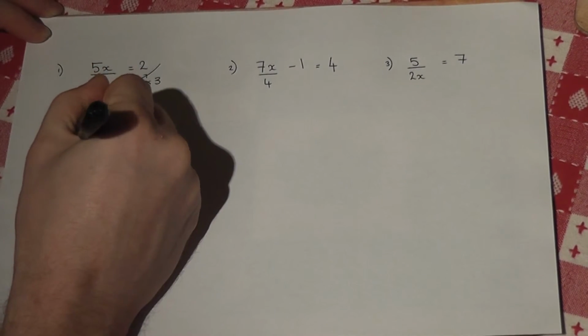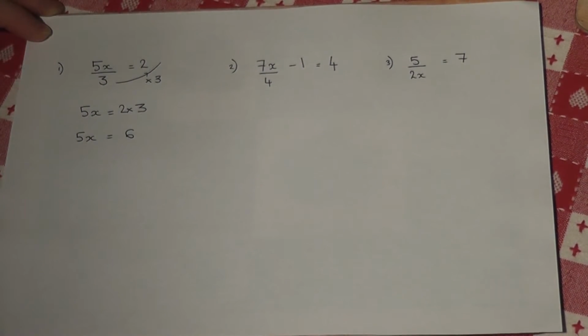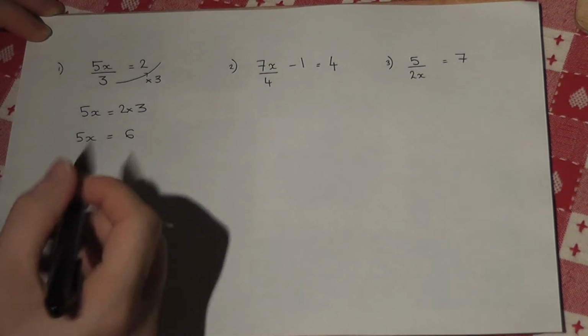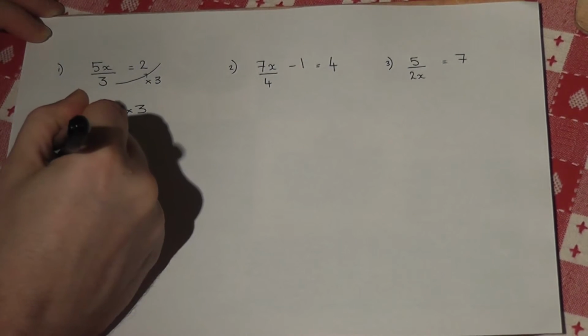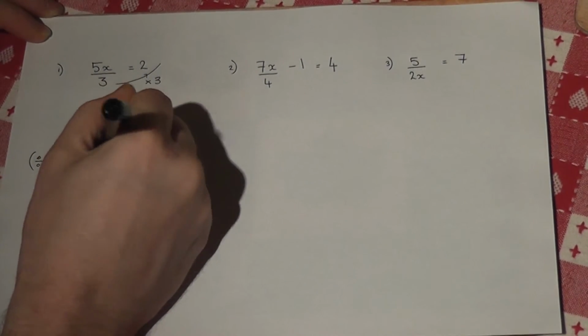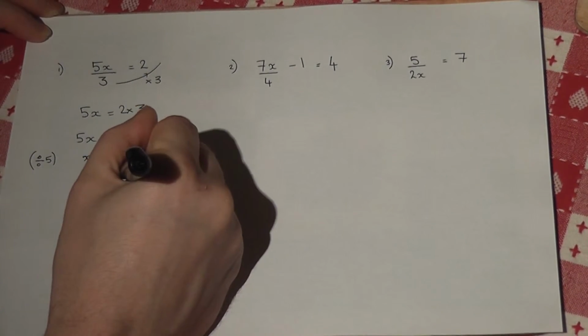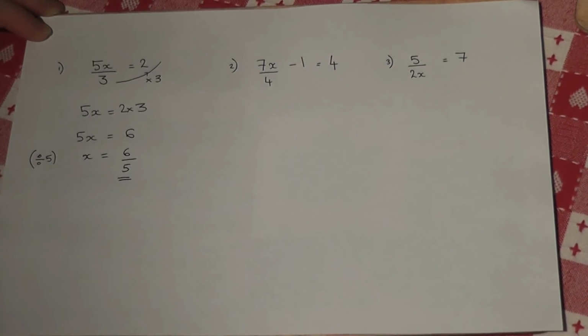So 5x equals 6. So I times up by the denominator, and then I finish off by dividing by the coefficient of x. So x in this case equals 6 over 5, or 6/5.